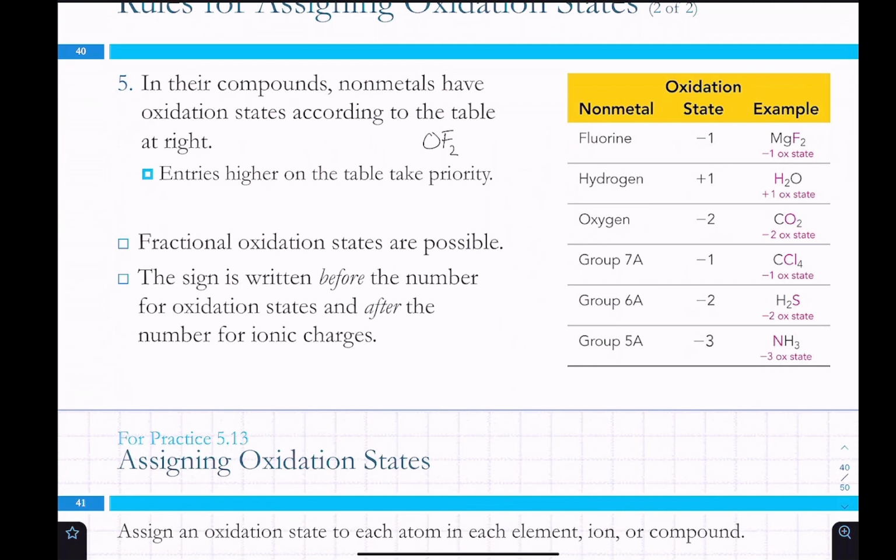It has an oxidation state of -1. Then because there's 2 fluorines, those would be 2 times the -1 oxidation state, plus whatever the oxygen is, has to equal what?